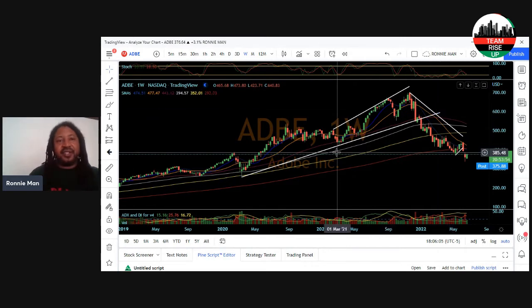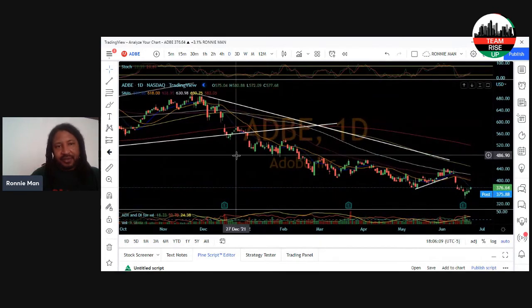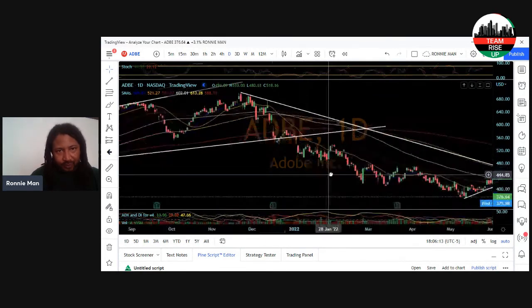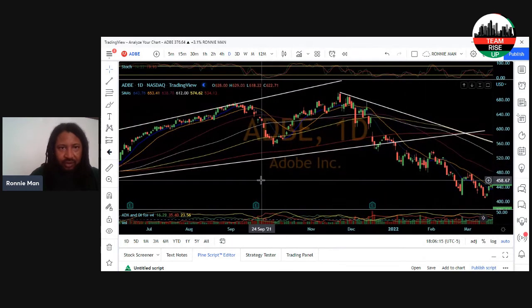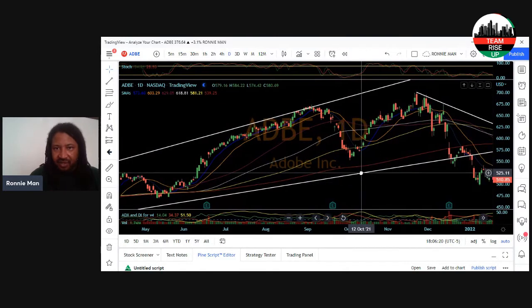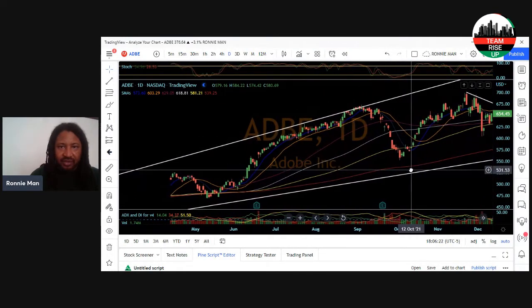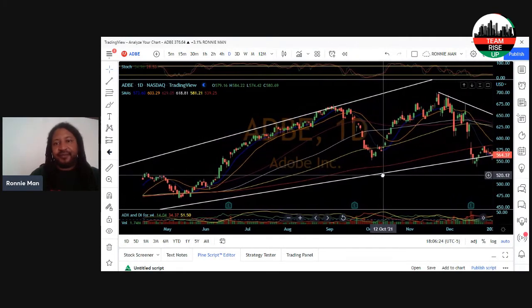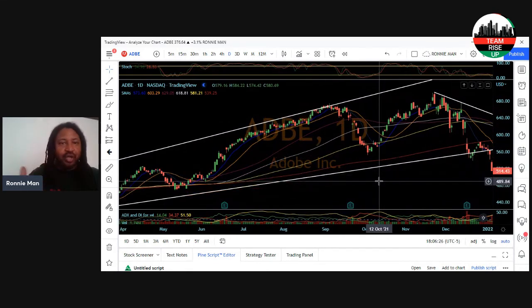Now, here's another thing I want to touch on. Some people say you shouldn't use the wicks. You shouldn't use the bottom tails or the top tails when you're drawing your trend lines. You should use the open or the close of the candle.